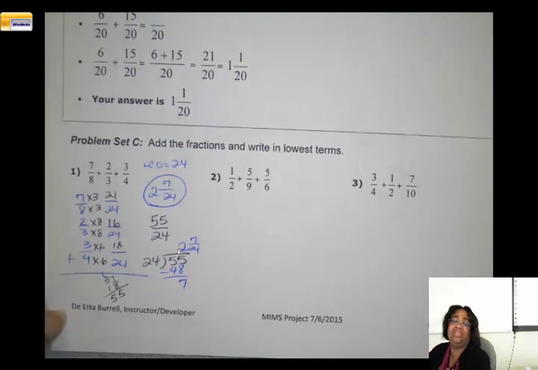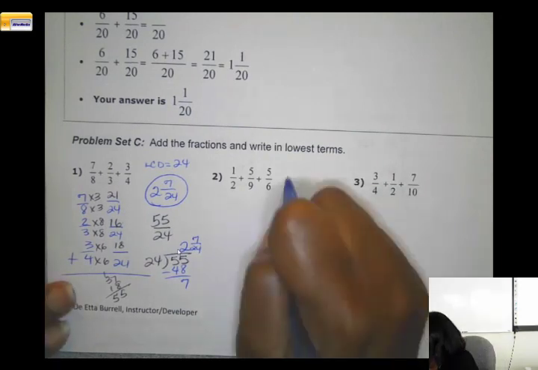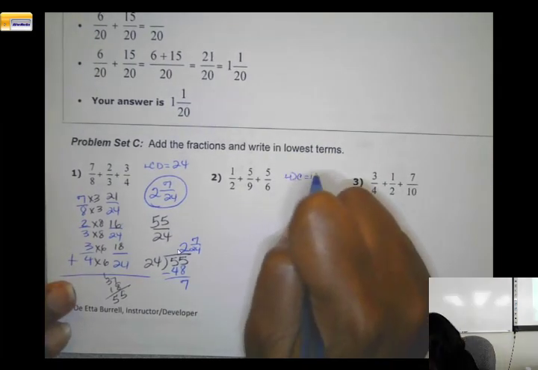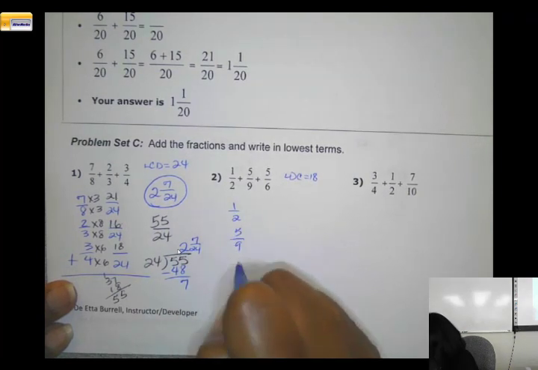What's the LCD on number 2? 18. So you're going to take each of these and raise them to 18 and then add the numerators.